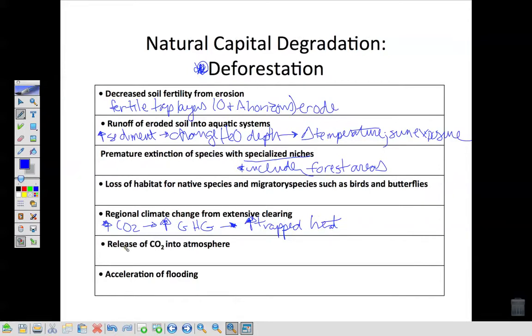So it reduces CO2 removal from the atmosphere, very similar, right? The trees aren't there to take it out, so it comes up. And then acceleration of flooding, recognizing that the tree roots help soak up the water.